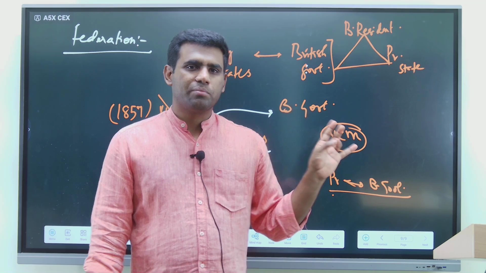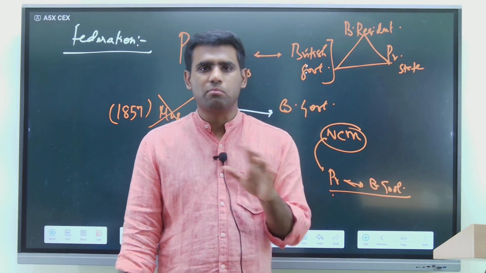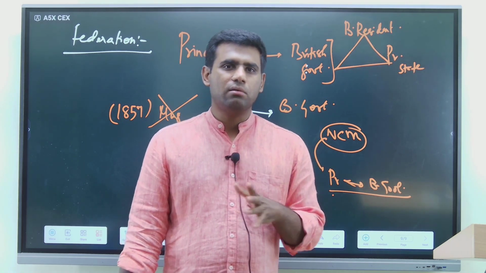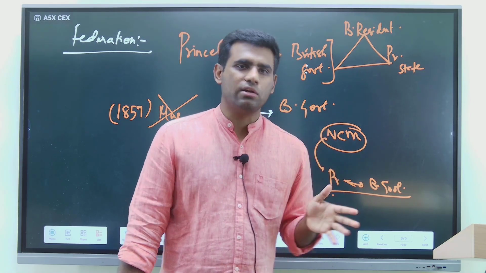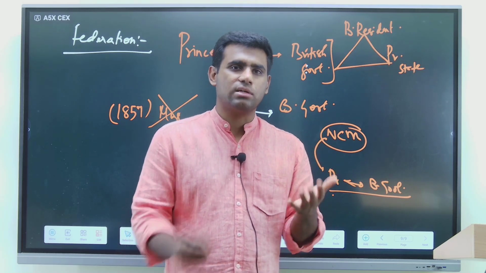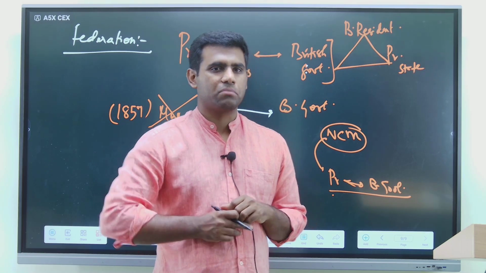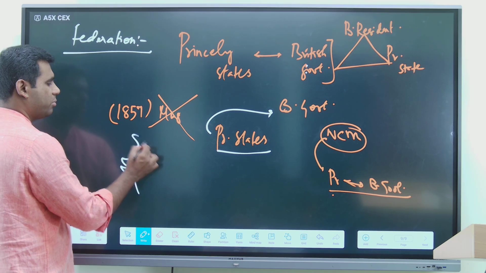And the second point that the princes would want to be clarified is, if in the future Congress was to take over the government from the British, in that case, will the princes automatically be considered to have acceded to the Indian Union, or will there be separate agreements and treaties that have to be made between each princely state and the future Indian government? Because India during this time had two different dominions.